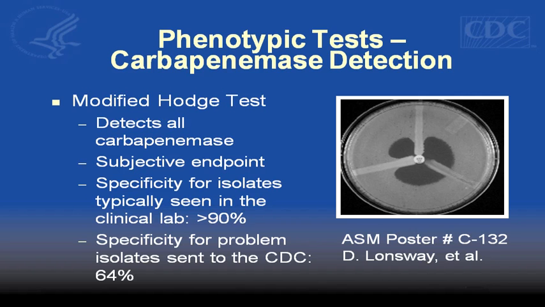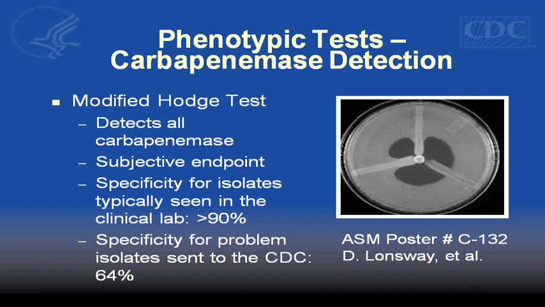These are all occurring in Enterobacteriaceae. They're all important. And the modified Hodge test is nice because it will turn positive for all these different carbapenemases. But it is a subjective endpoint. It's hard to read, and that's a big problem.